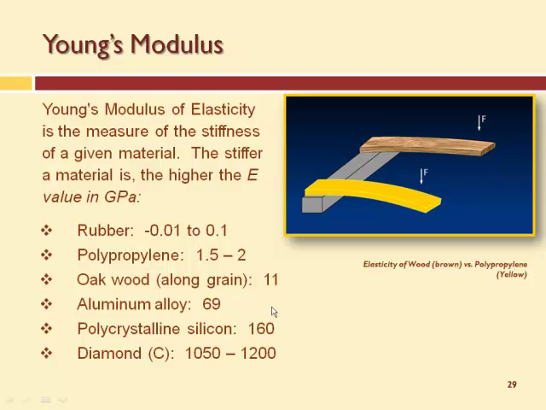Polycrystalline silicon, look at that. 160. Very stiff. Doesn't bend much. Diamond. Super stiff. So if we want something very, very stiff, we can make it out of diamond or polycrystalline silicon.